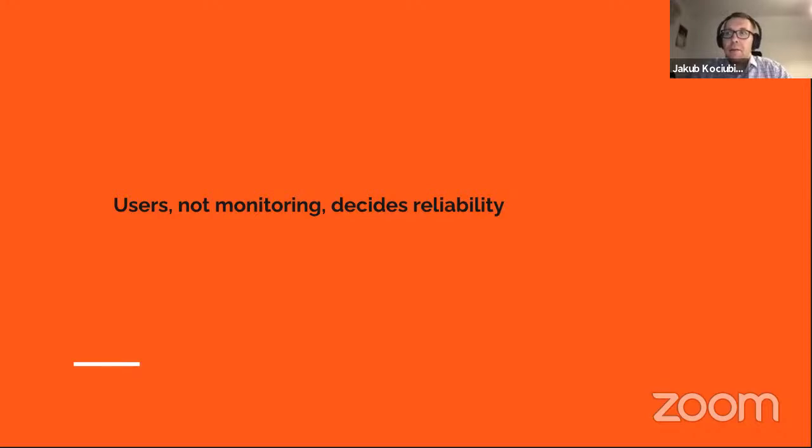And engineers can often be surprised how users use their systems and what they are willing to tolerate. And for sure, people who are designing systems a lot of the time aren't really aware of that. So this is why it's very important to measure reliability, and we will get to how to do that best later on.